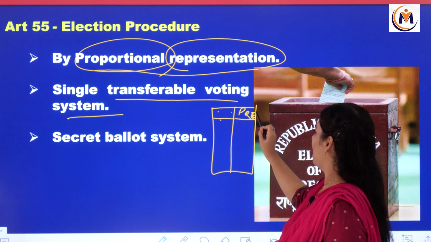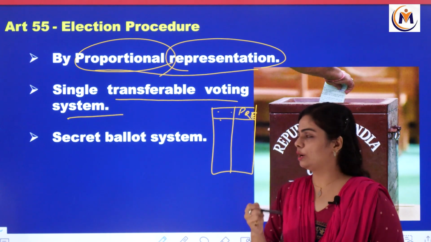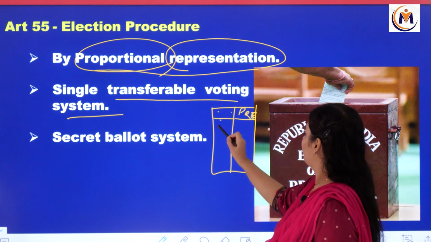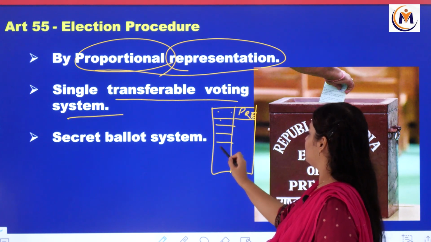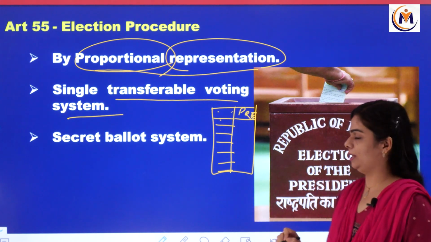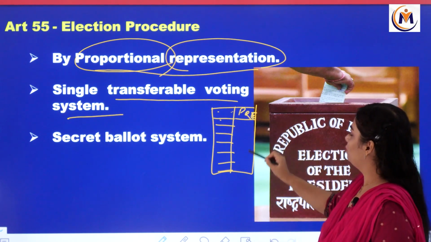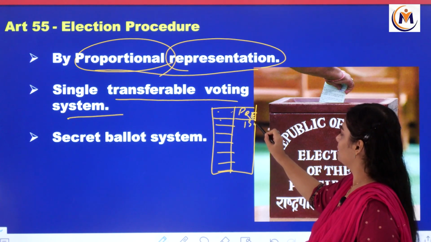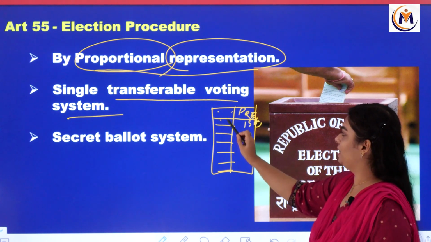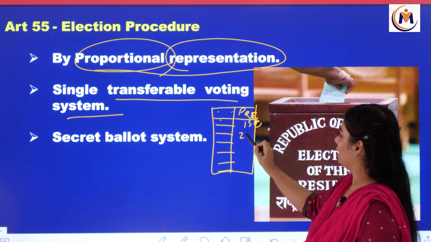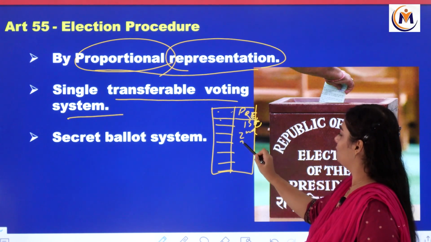We means our representatives, the electoral college. So what happens is, the names of the various candidates taking part in the presidential election have been written, and we have to give preferences. For example, this is the first preference, the first choice for being President of India, he is the second choice, second preference, he is the third preference.